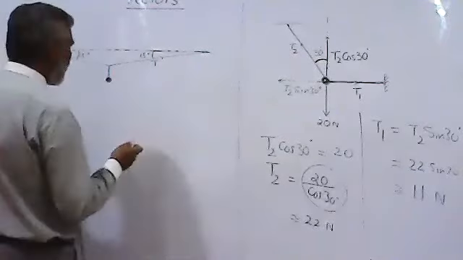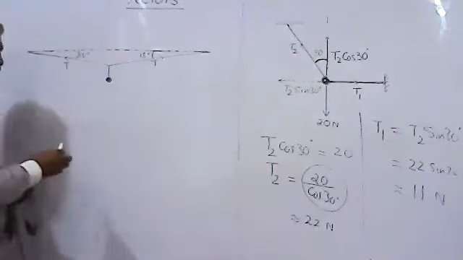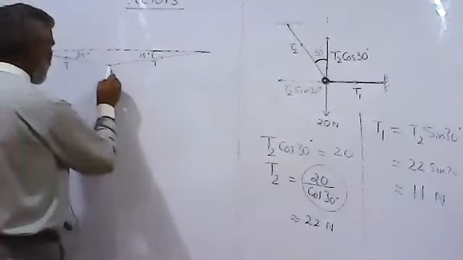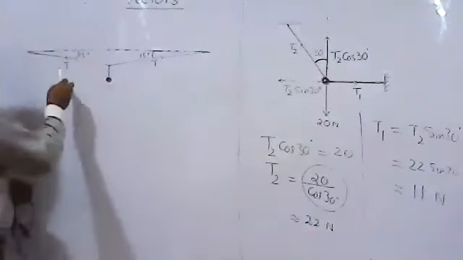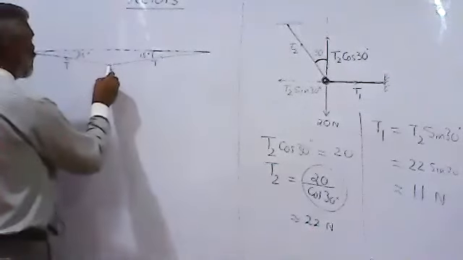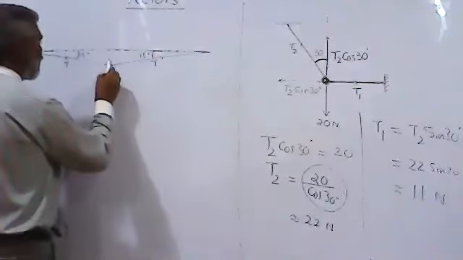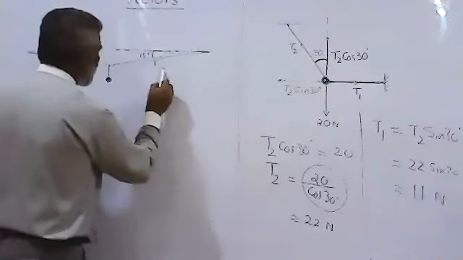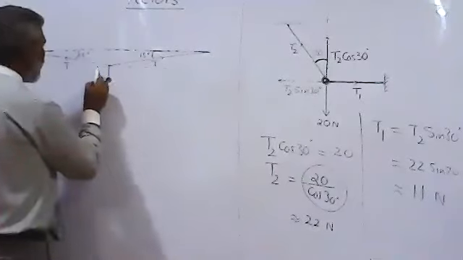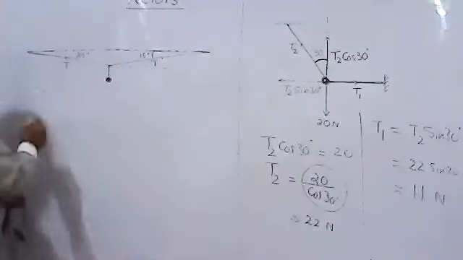So we have divided this string into two segments. One segment is to the right of this point, and the other segment is to the left of this point. So one more thing that we need to do is we resolve each T into its components, because the angles are given.